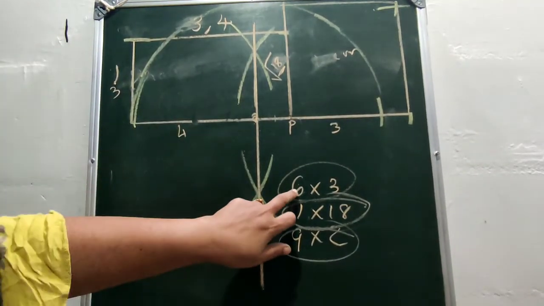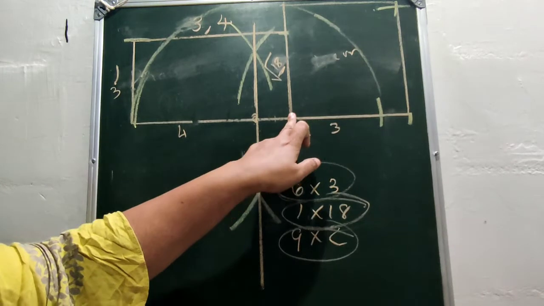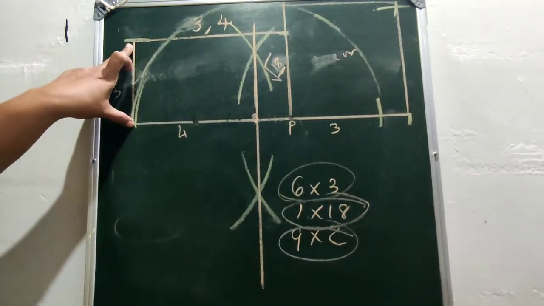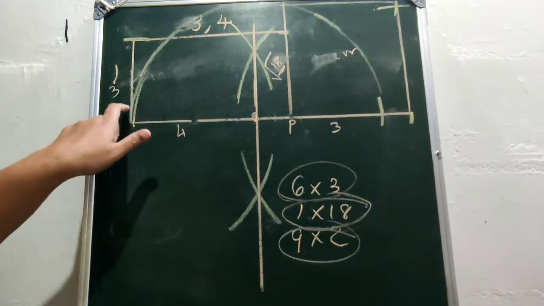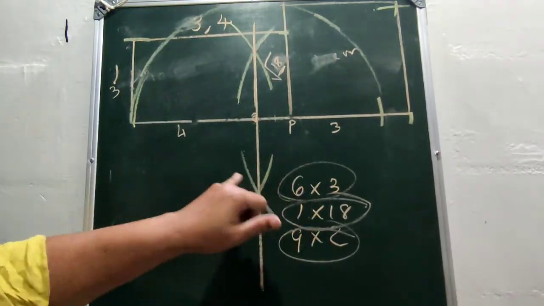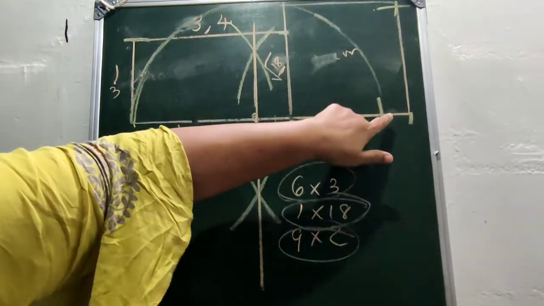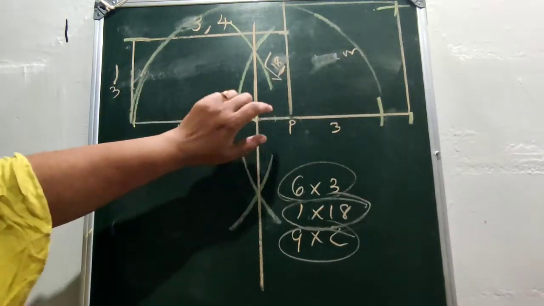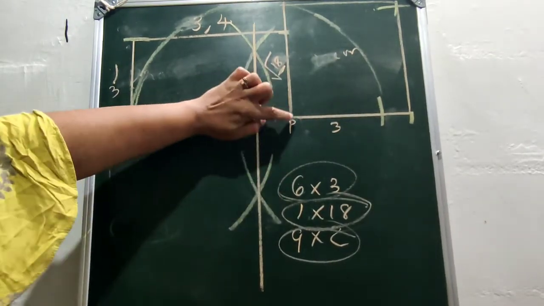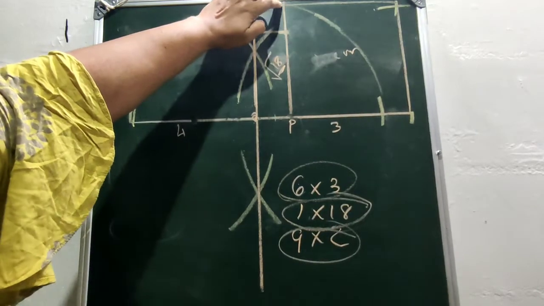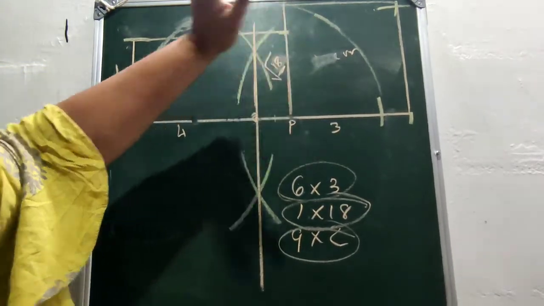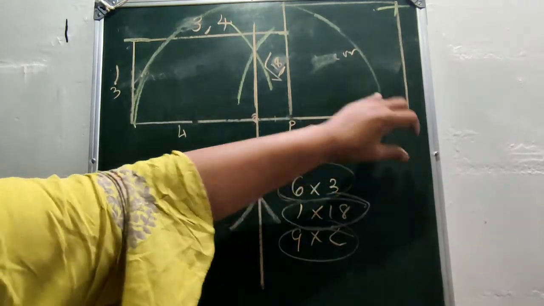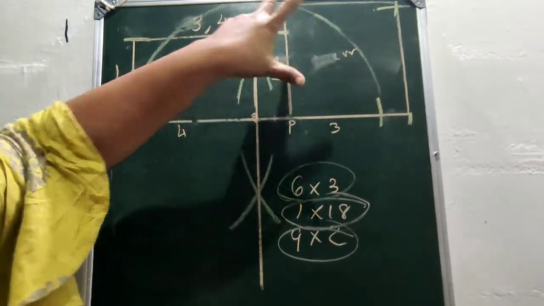Draw a rectangle of length 6 centimeter and width 3 centimeter. Then draw a semicircle keeping this 6 plus 3, 9 centimeter, as diameter. Then extend this line to touch the semicircle. We will get root 18 here.